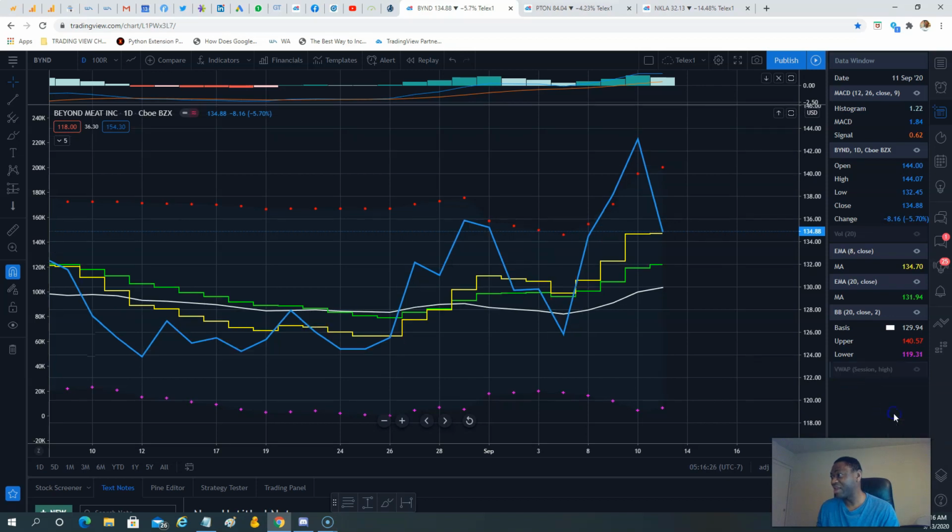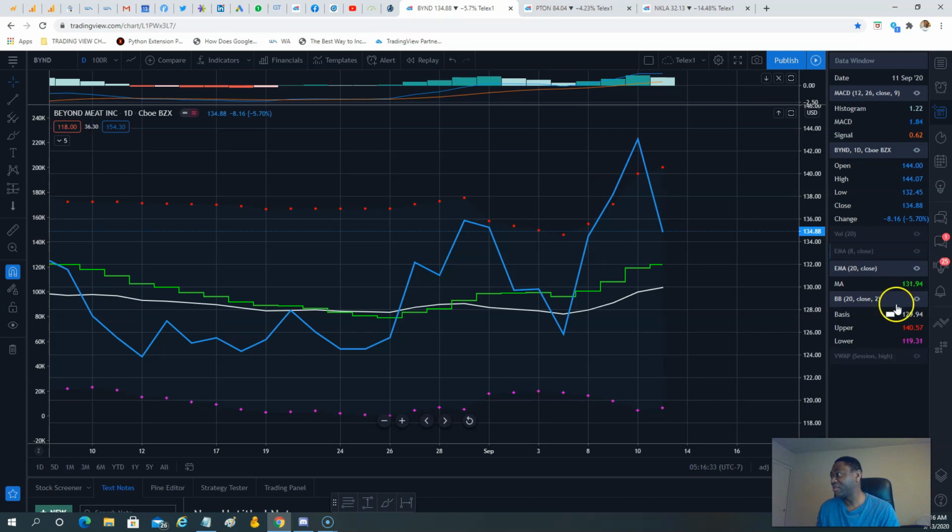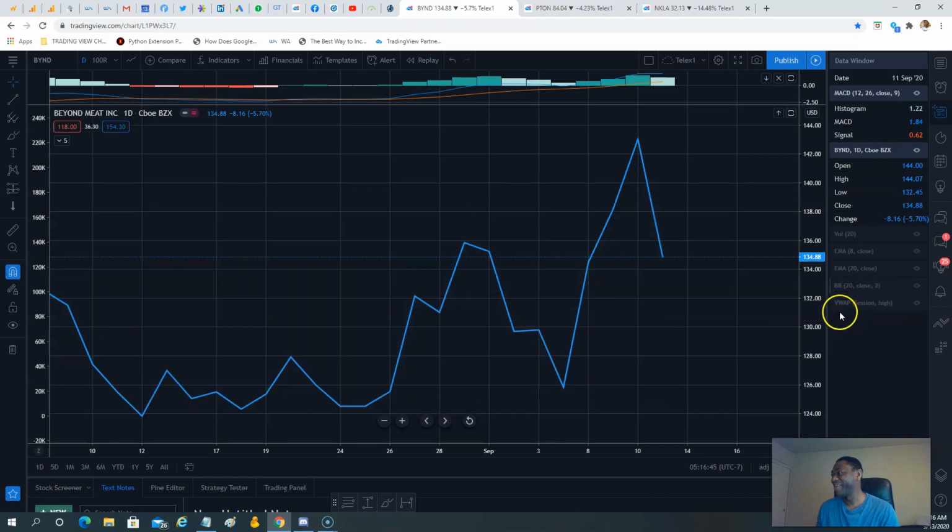Let me hide this. Let me hide the yellow line, because I'm going to reveal them to you later in the video. Let me hide this, and let me hide the green line as well for now. I have other indicators too. Let me hide this. Okay, this is what happens.